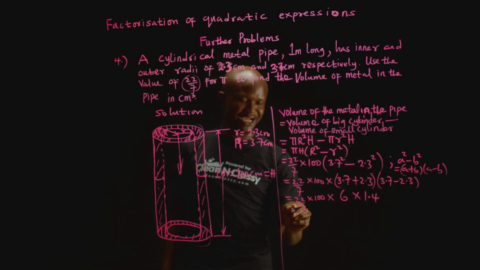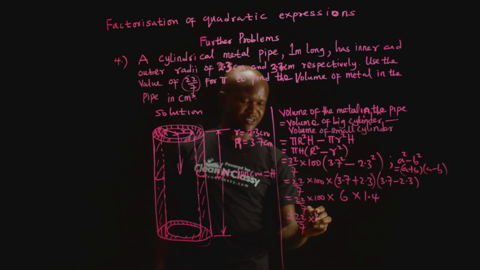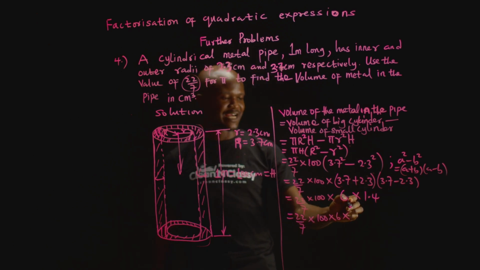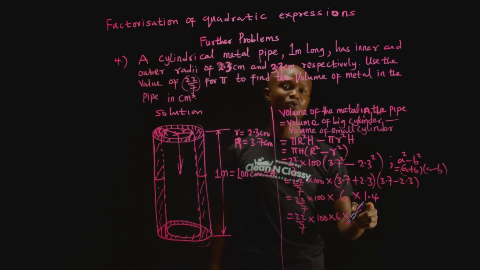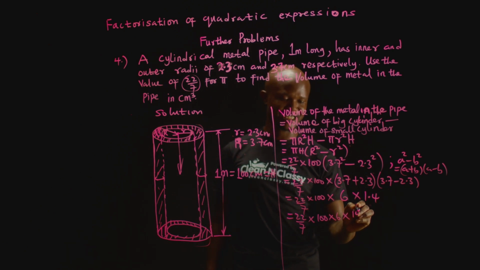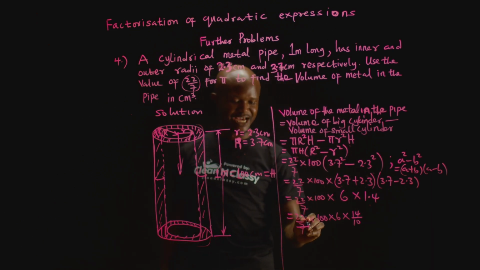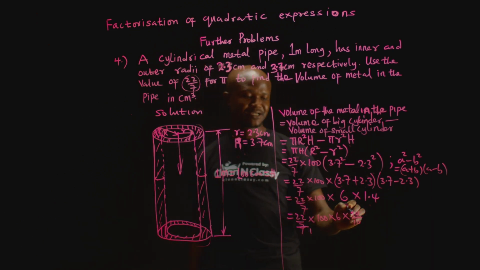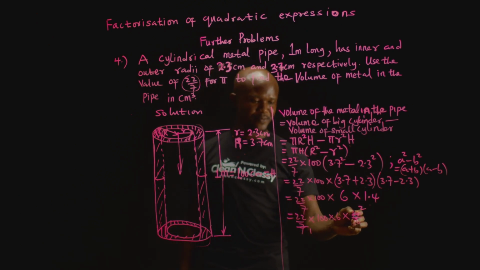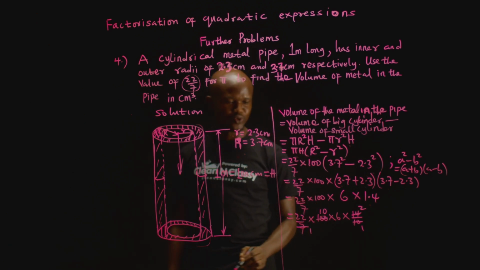So we can write 22/7 times 100 times 6 times 1.4. If you convert 1.4 to a fraction, it's the same thing as 14/10. So here we have 7 and 1, then 7 in 14 gives 2, and 10 and 1, then 10 here is 10.